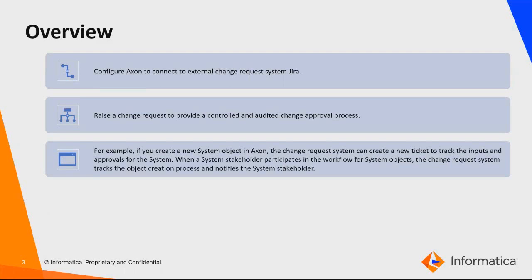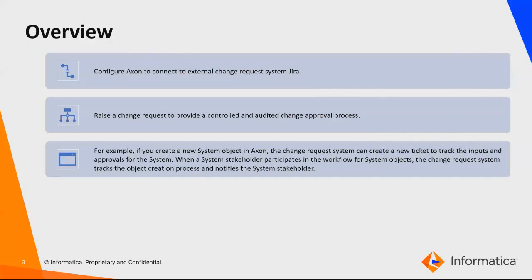All this set of operations will follow a certain workflow which is embedded internally in Axon system. Business users make use of such an internal mechanism to keep track of such requests.